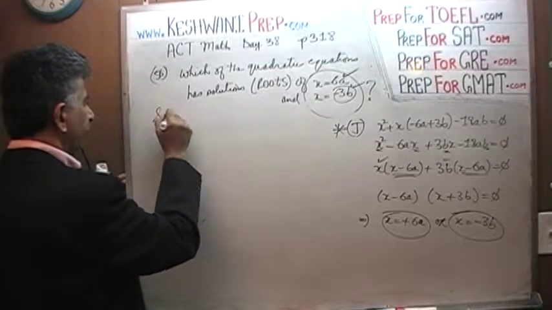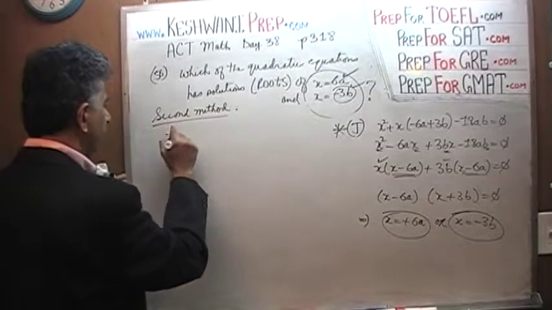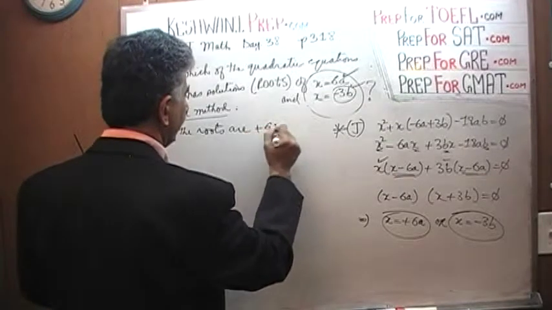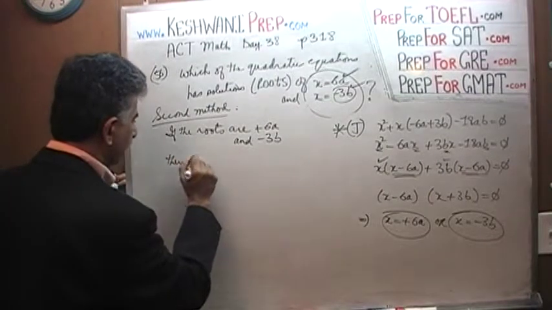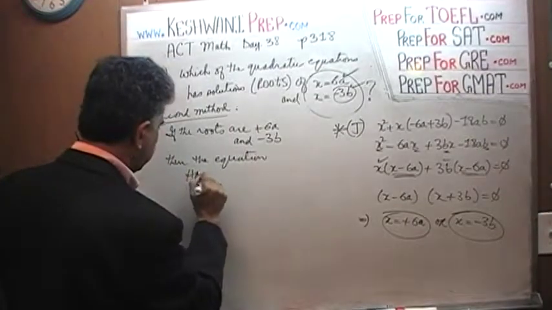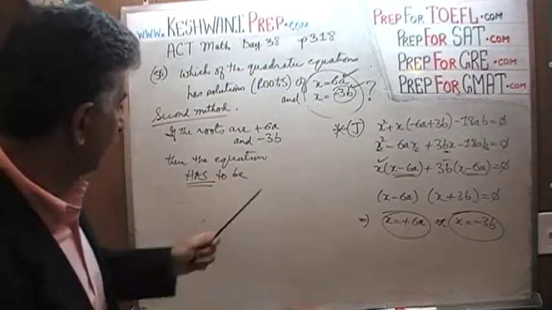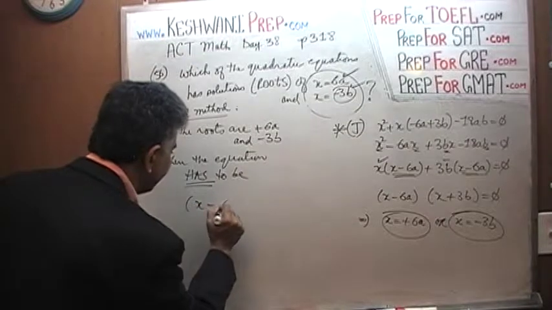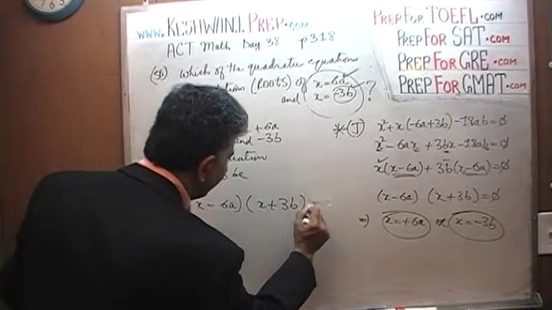So here's the second method. If the roots are positive 6a and negative 3b, then the equation has to be x minus 6a times x plus 3b equal to 0.